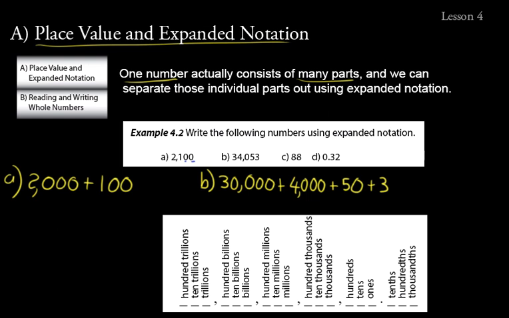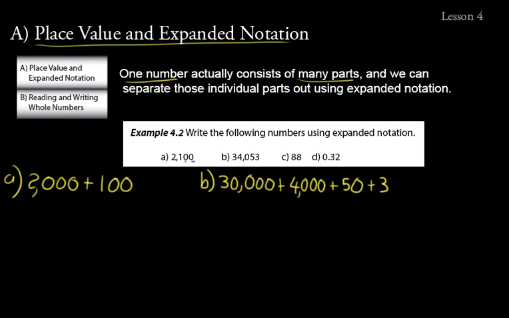C and D are pretty small numbers, so I'm going to move this place value chart out of the way here, and we'll just continue on. C, you've got an 8 that's in the tens place, so its value is 80. And then you have an 8 in the ones place, so there are no placeholder zeros to add for a 1. And then D, a 3 and a 2.